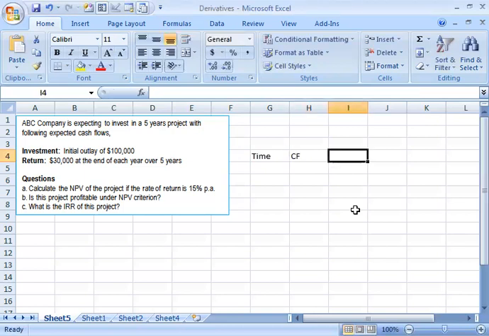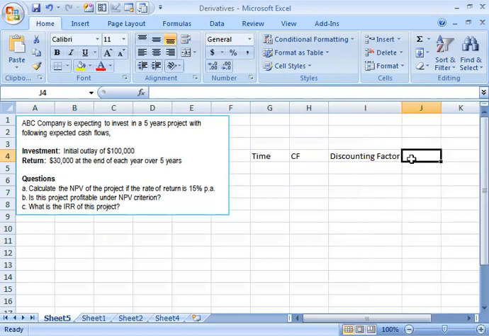Then since we want to discount these cash flows to find the net present value, the discounting factor. In the next column would be the present value. So these are the columns which we require to solve this problem.